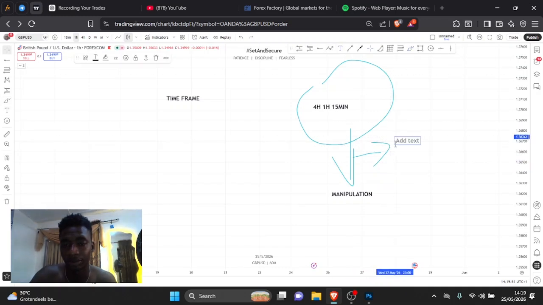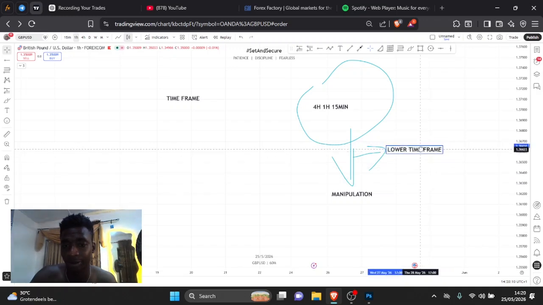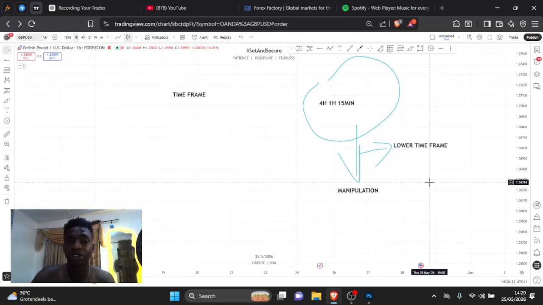manipulation on the lower time frame. You can see more manipulation on the lower time frame. So as a trader, you don't want to be trading where there's manipulation.